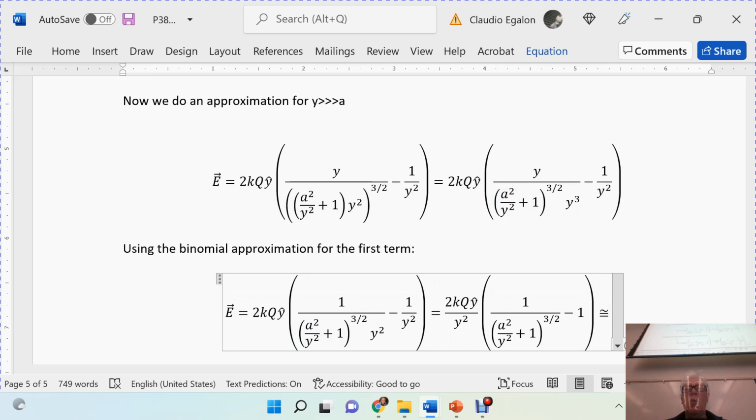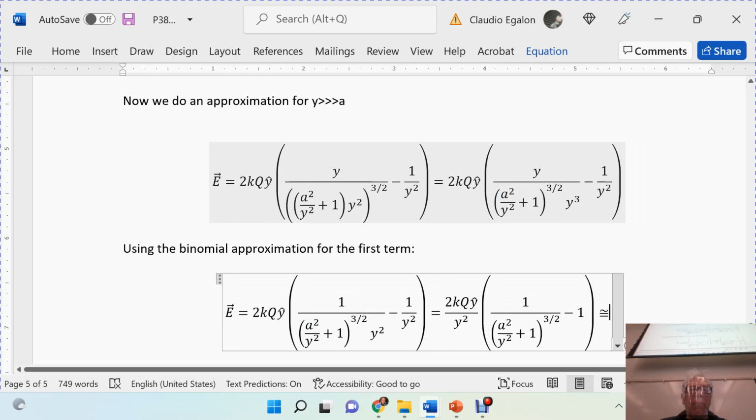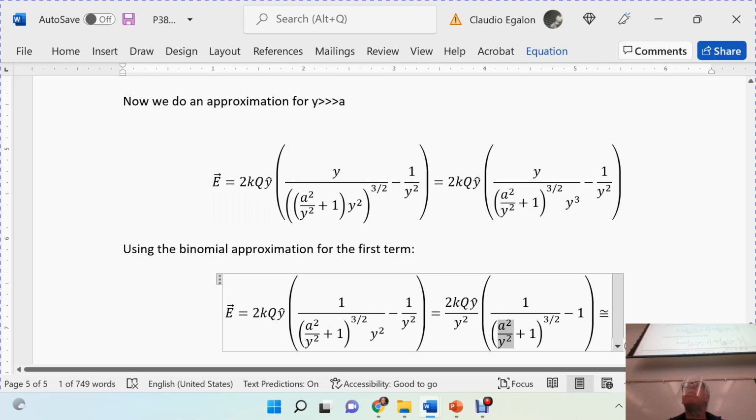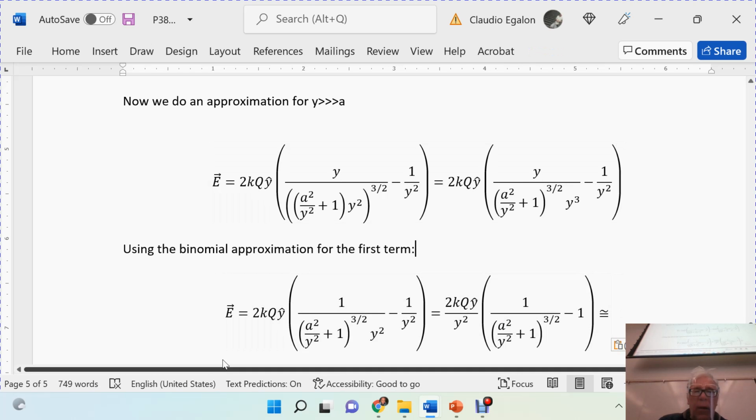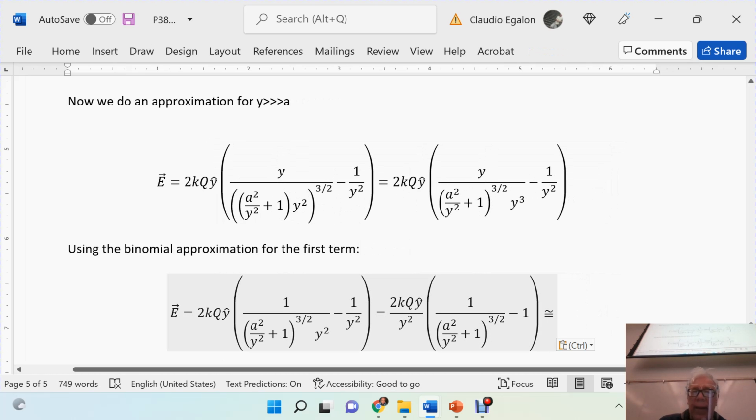Everybody knows the binomial approximation? Okay. If y is much greater than a, this term here is almost 0, right? I want to write that down here for you.